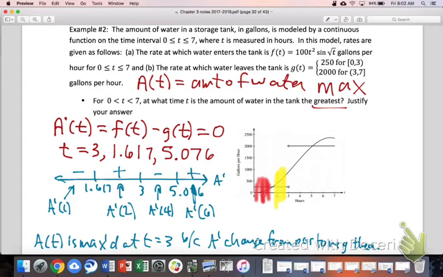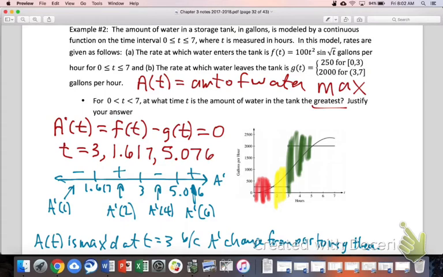Rate goes from negative to positive. Well then, of course, at t equals 3, we get the exact opposite happening, where the yellow section is where the rate coming in is bigger than the rate going out, and then that transitions to the rate coming in being less than the rate going out. So the amount goes from increasing to decreasing, so that's where you'd have a max. Sure, good reasoning.